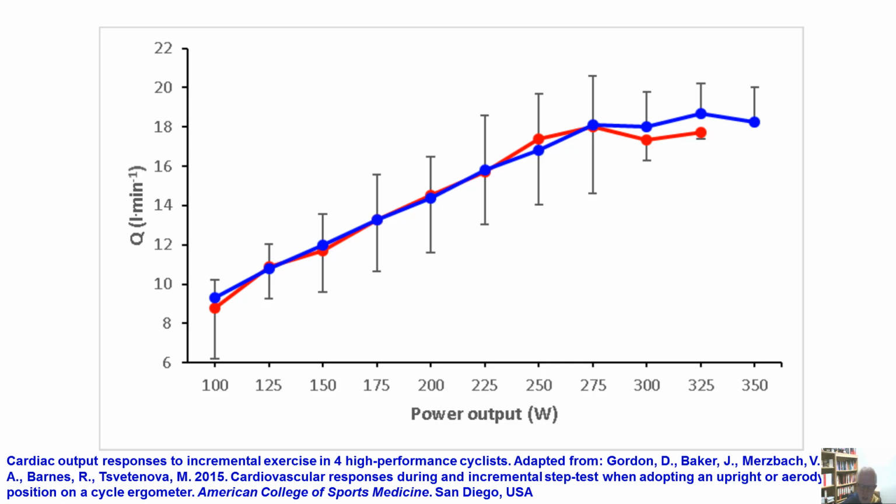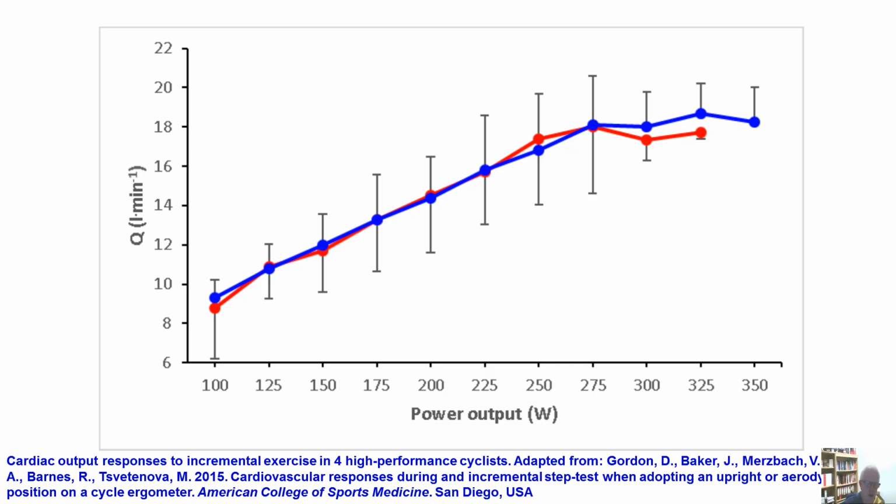So here's some data from our lab at Anglia Ruskin, data we collected in a group of cyclists who were riding in aerodynamic or non-aerodynamic positions on the cycle. The blue line represents them adopting an aerodynamic position, and the red line is the non-aerodynamic position. But we don't necessarily need to worry about that per se.